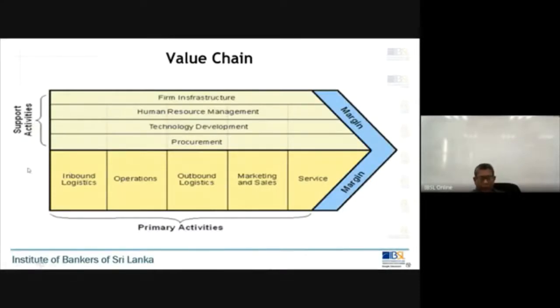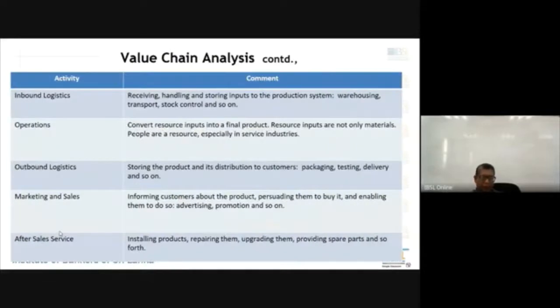You take inbound logistics, you take the raw materials, you convert the raw materials into output, and you do some marketing and sales and provide some services, and the product comes out, keeping the margin. And these are the primary activities of any organization.